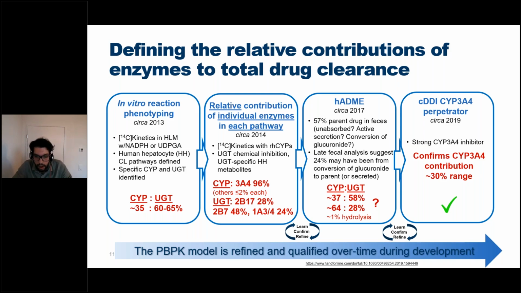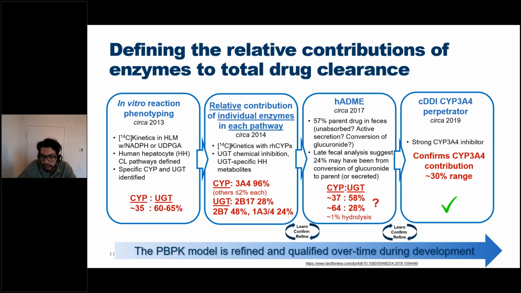And from there, we were able to see that from the CYPs, CYP3A4 is mainly involved in the metabolism of asciminib. And then there is a mixture of contribution between different UGTs, primarily from UGT2B7, followed by UGT2B17, and then UGT1A3 and 1A4.